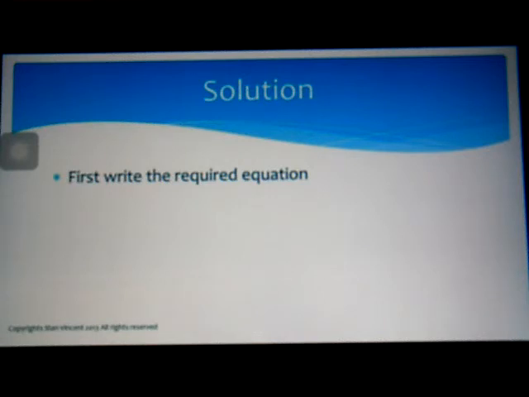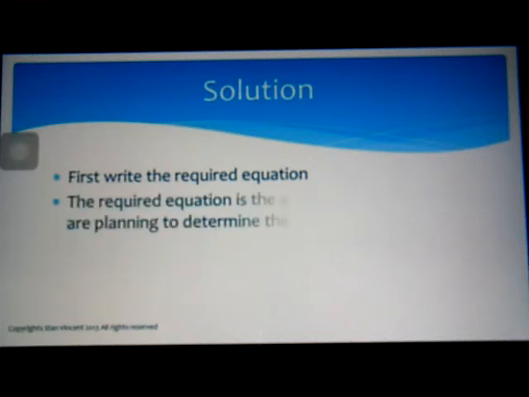Every time you're trying to solve a problem relating to enthalpy changes, where we are trying to find the enthalpy change for a certain reaction, the first thing to do is write what we call a required equation or a target equation, which means the enthalpy change represented for that equation is what we need in the problem.